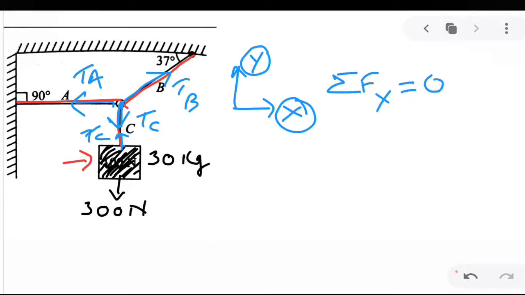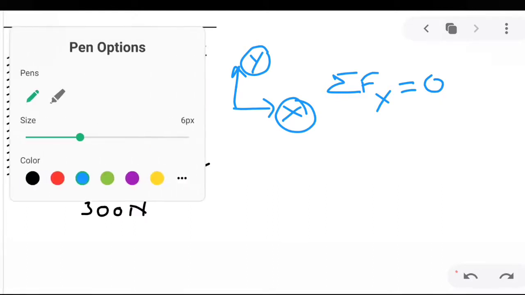Now let us find all the forces which are acting along the horizontal direction. We have one force TA, which is acting along the horizontal direction. Now TB, this angle is 37 degrees.